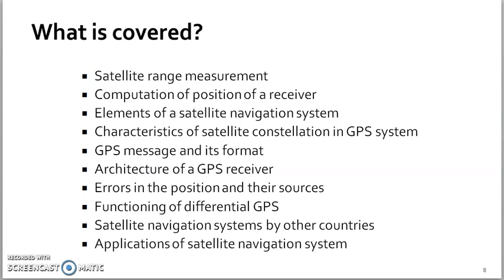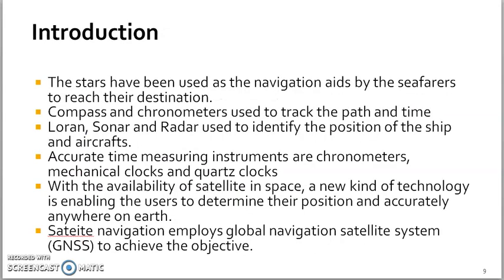Then we learn the characteristics of the satellite constellation, GPS message and its format, architecture of a GPS receiver, errors in the position and their sources, functioning of differential GPS, satellite navigation systems of other countries, and applications of satellite navigation systems. This is our syllabus.